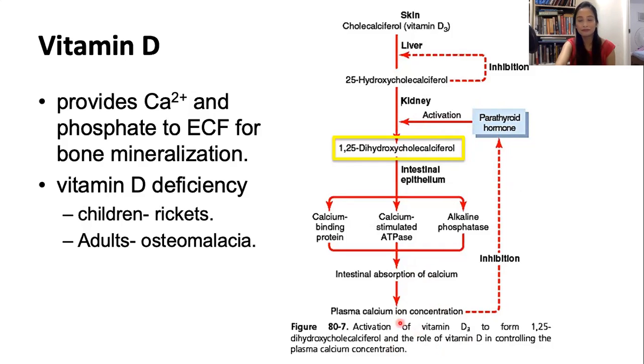Okay? Aside from increasing plasma calcium ion concentration by increasing intestinal absorption of calcium, it also increases intestinal absorption of phosphate as well.